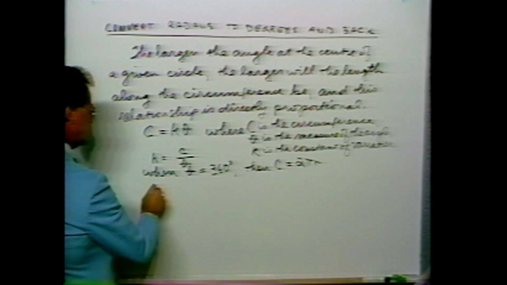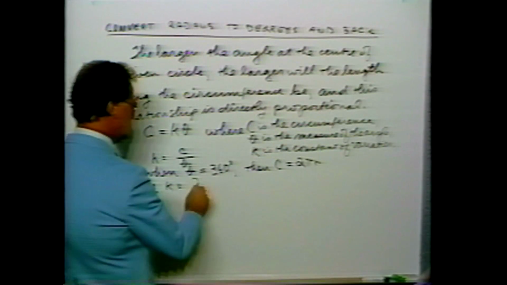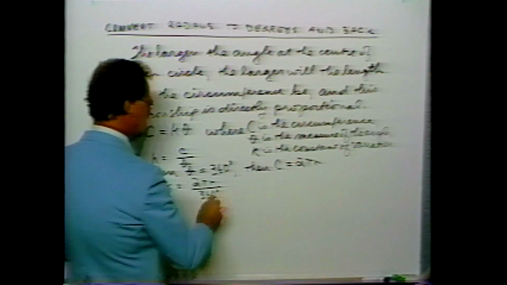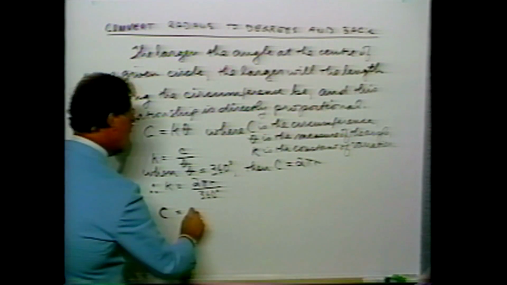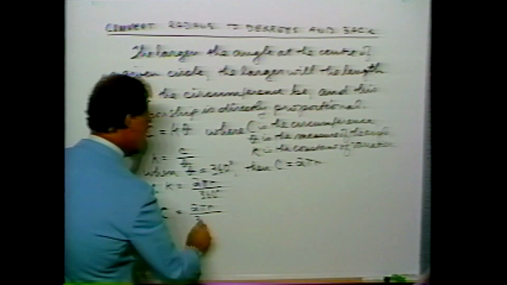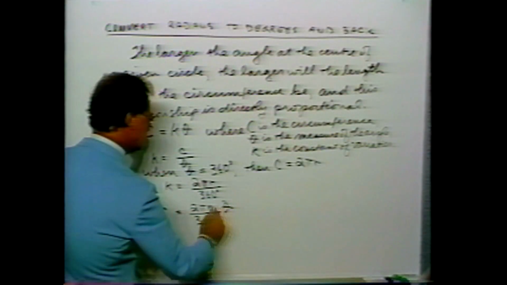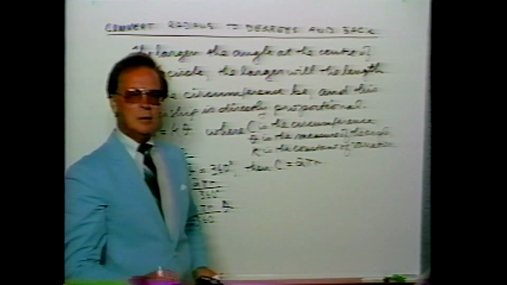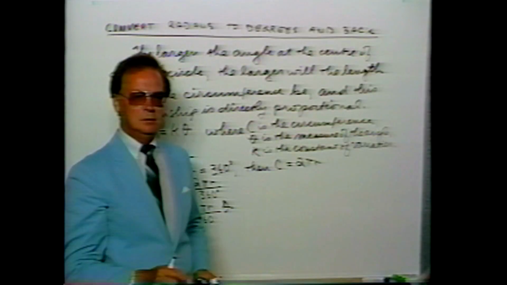Therefore, substituting to solve for K, K is equal to 2 pi r divided by 360 degrees. Then C is equal to 2 pi r over 360 degrees times theta.